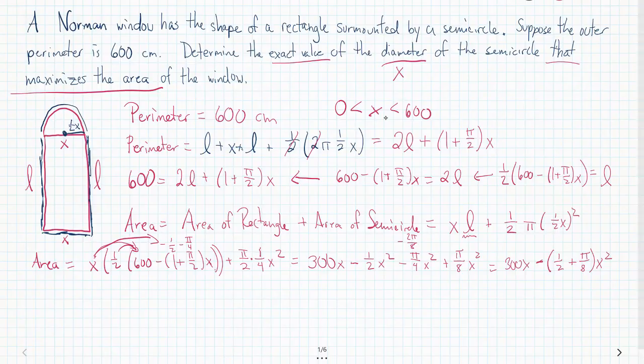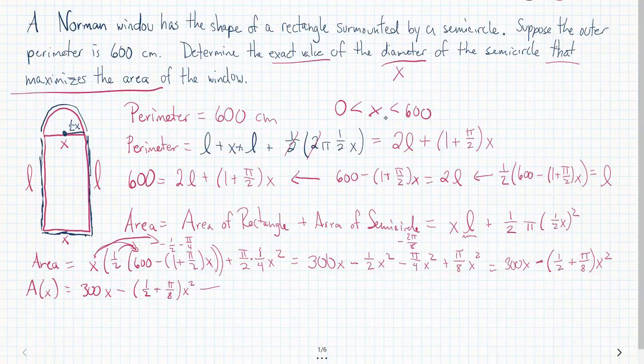Okay, so this area function, we'll start to call this now A of x equals 300x minus (1/2 plus pi over 8) x squared.